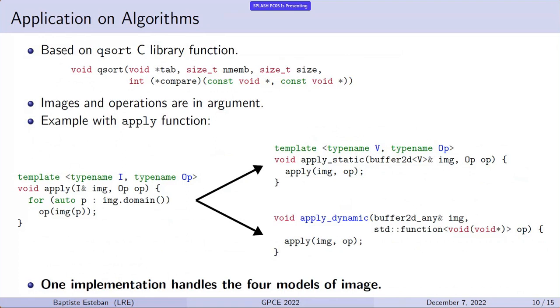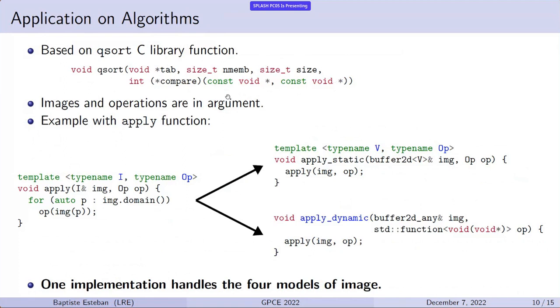So after having defined the four models of images, we have to apply them to image processing algorithms, and we want to write generic algorithms only once. That's still our objective. So we are based on the qsort C library function, which takes a table with some information about the table, and one operation, which is here a comparison, and which will sort this type-erased table by taking as arguments for the comparison the two elements.